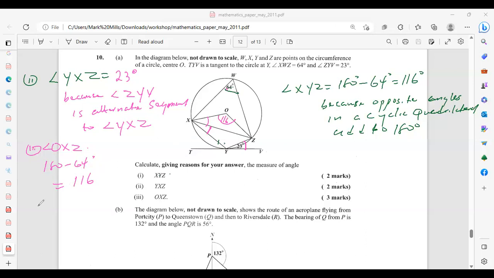So for me to find angle OXZ, it would have been 180 minus 116 divided by 2.